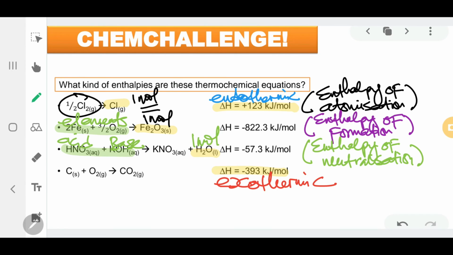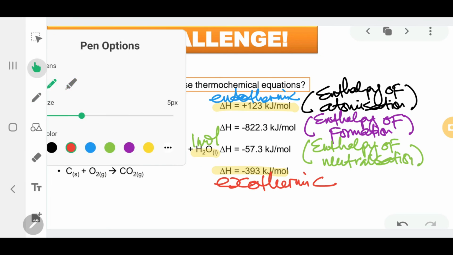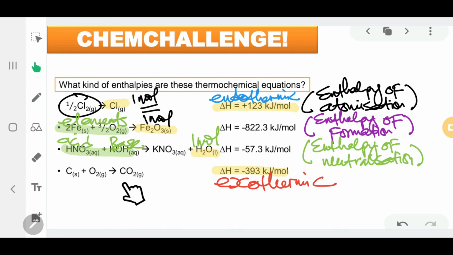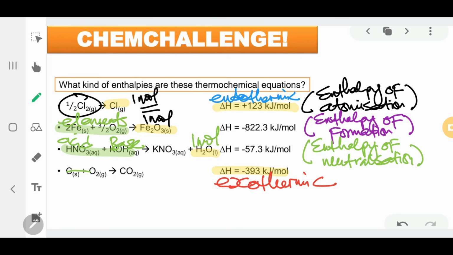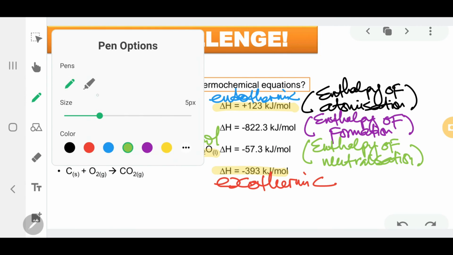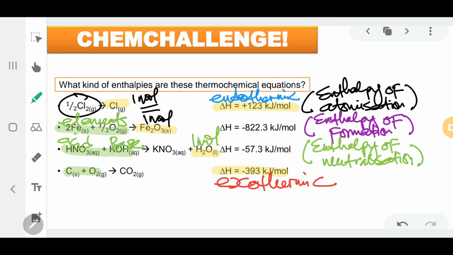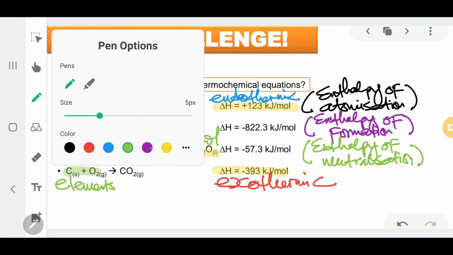What about this one? You have 1 mole, and you have the elements here. Those are the elements. What could it be?